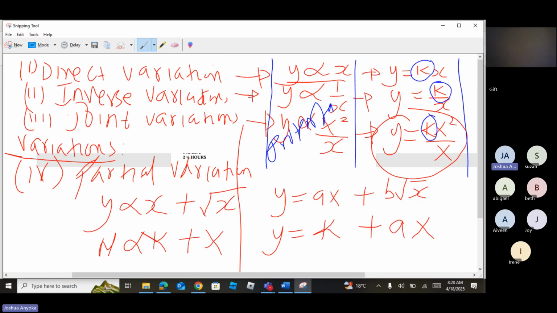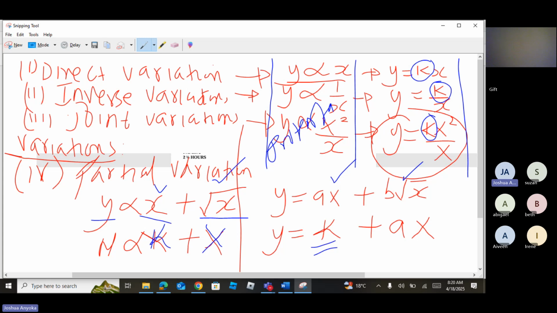And when it comes to partial variation, a quantity Y partly varies as X and partly varies as the square root of X. So introducing a constant, we introduce a constant to a variable X, and a constant to variable root X. When we say a quantity N is partly constant and it partly varies as X, we don't introduce a constant to a constant.